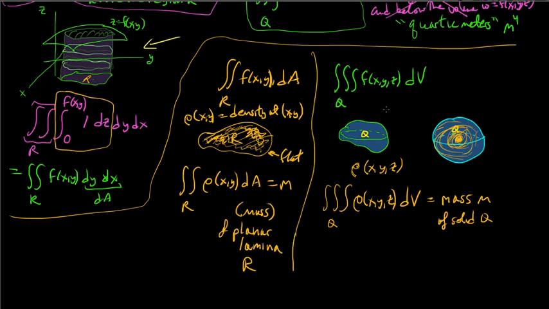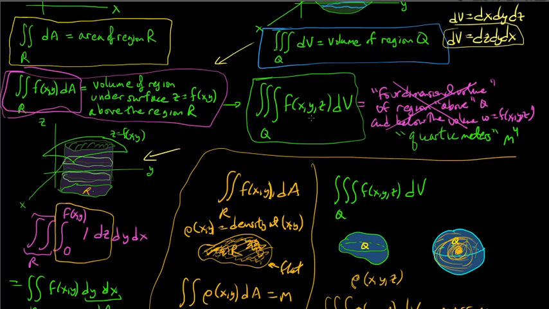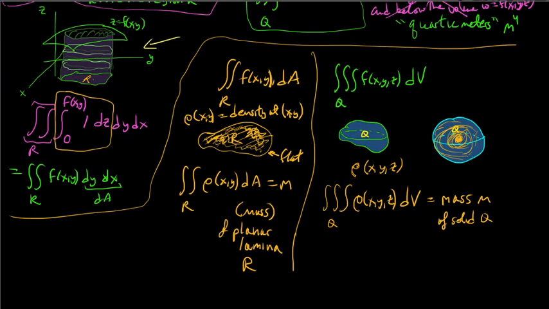So when we do a triple integral of some function, think of that function as some weight that varies over the region, and you're integrating over that region Q, adding up all these little weights at each point. Density is, I think, the clearest example of what kind of weight it could be. Different regions have different densities.